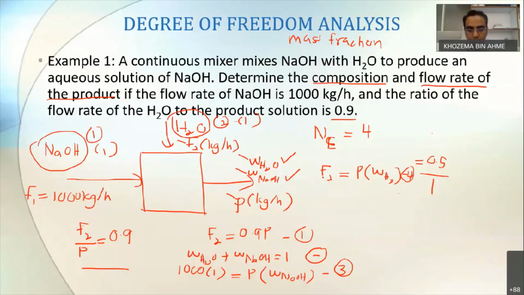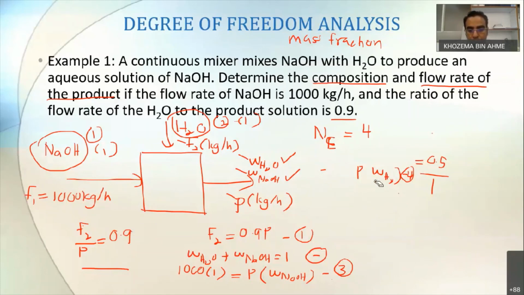Now, by using all these equations, I can actually solve and find the value of F2, P, W NaOH and W H2O. Those are your independent equations. Independent meaning that they are not related to each other. That's why we have independent and dependent equations.